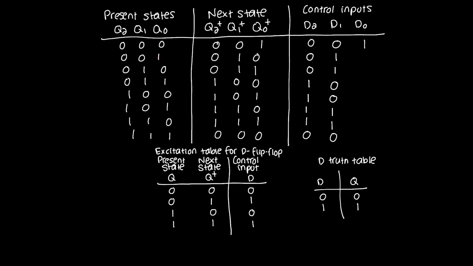To go from 1 to 0, D has to be 0. To go from 0 to 1, D has to be 1. To go from 1 to 0, D has to be 0.